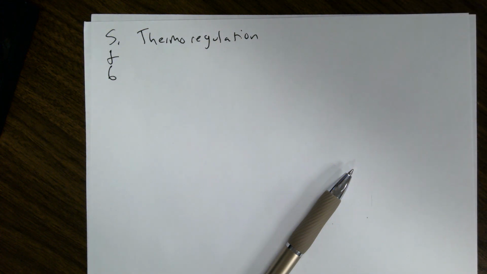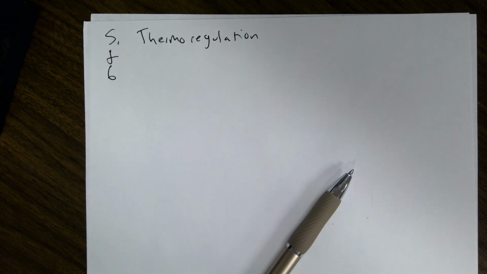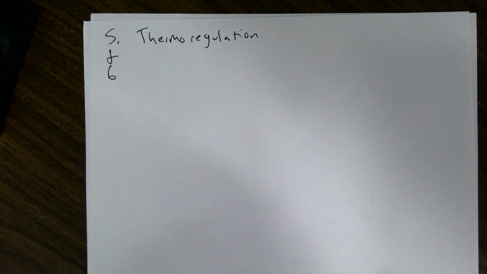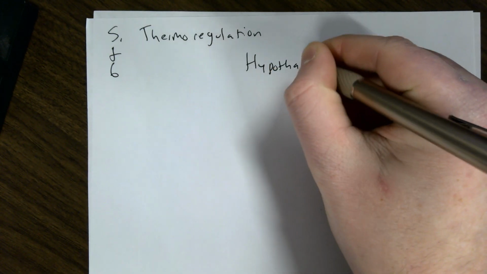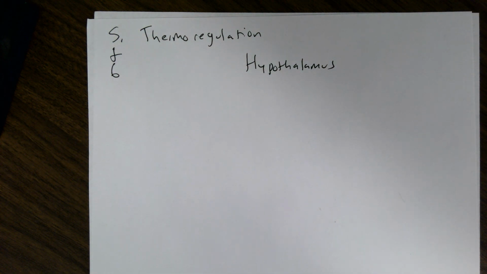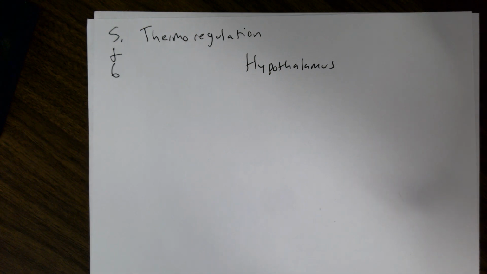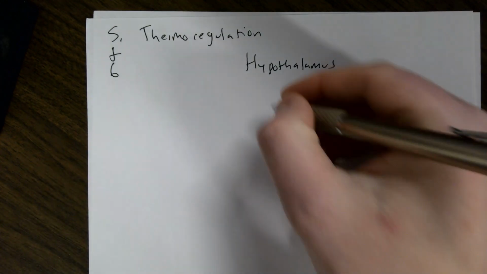The first thing to know is which organ is most responsible. That's the brain, but specifically the hypothalamus. The hypothalamus is super important for homeostasis in general, and especially thermoregulation. It does a couple of different things.